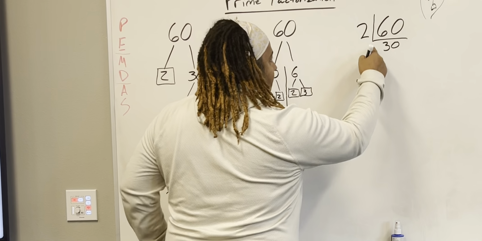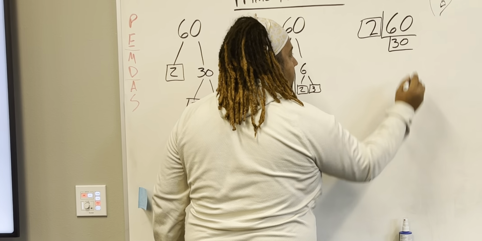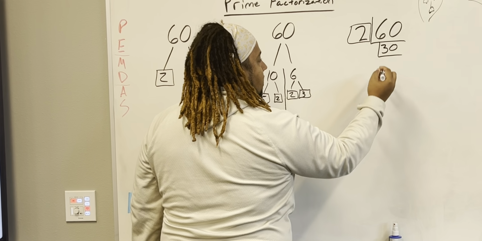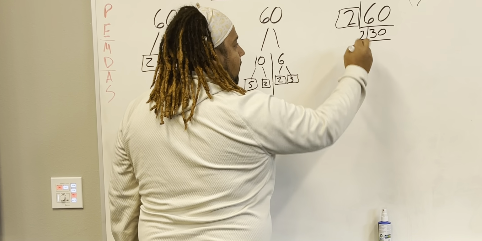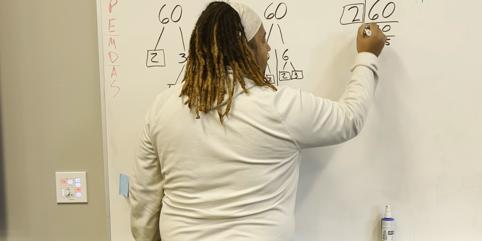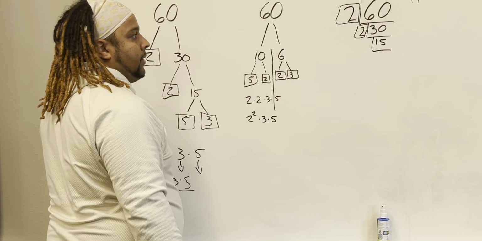But now I got to keep going. So I know I pulled this prime number out, but I'm going to keep going. I'm going to divide again. Okay, I can divide by 2 again because it's an even number. Okay, and then 30 divided by 2 is 15. All right, there's my prime number. Now I'm going to divide 15 again.